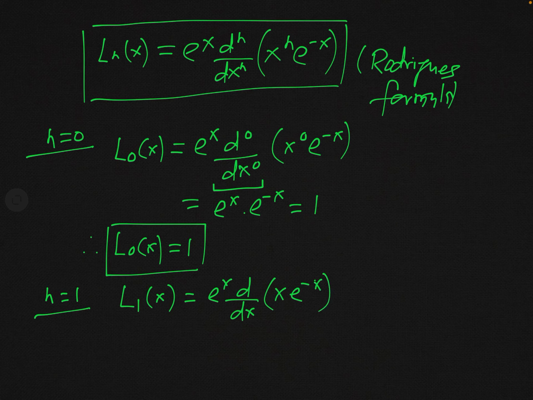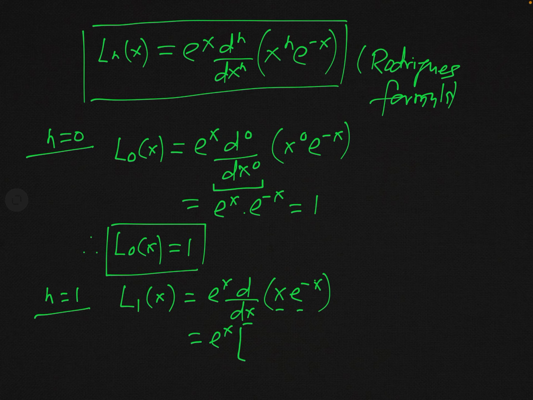You can see I have taken n equal to 1. Now differentiate it. As there is a product of two functions, apply the product rule here, and you can see what will be your result.